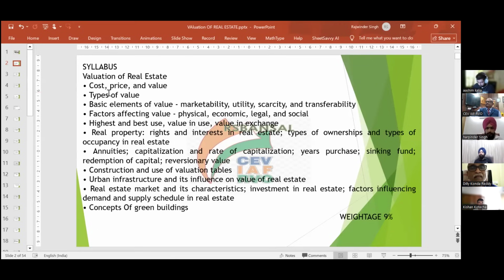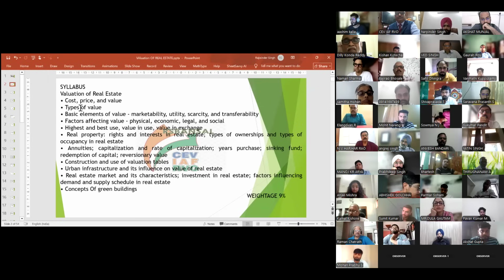Then, as Sandeep has told you, 4 elements of value. So we will study the basic elements of value: marketability, utility, scarcity, and transferability. And then various factors affecting the value: physical, economical, legal, and social.